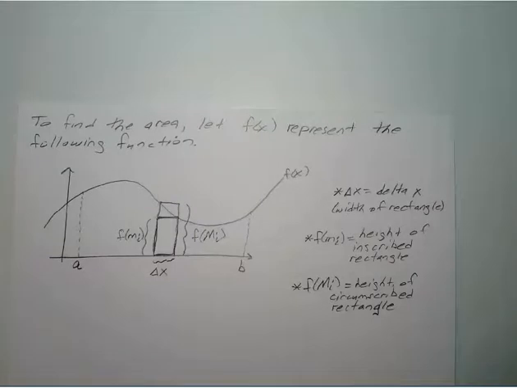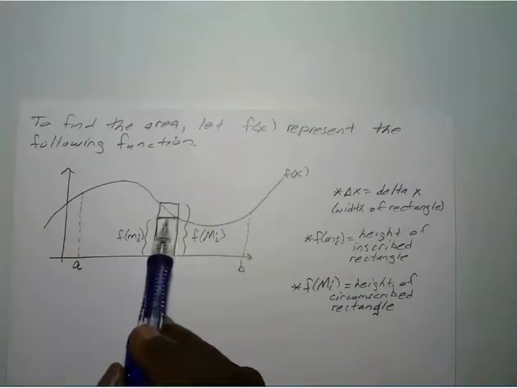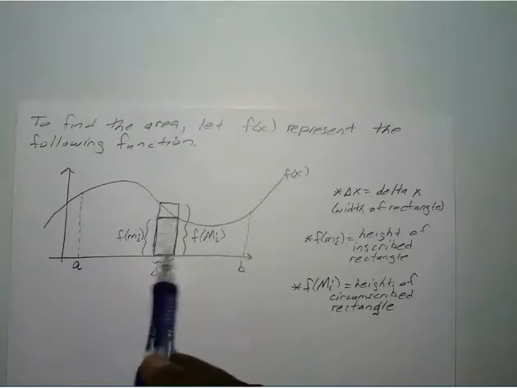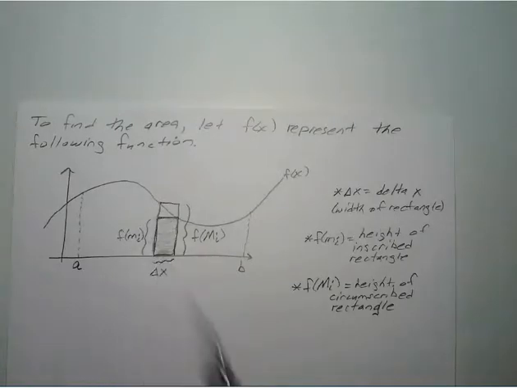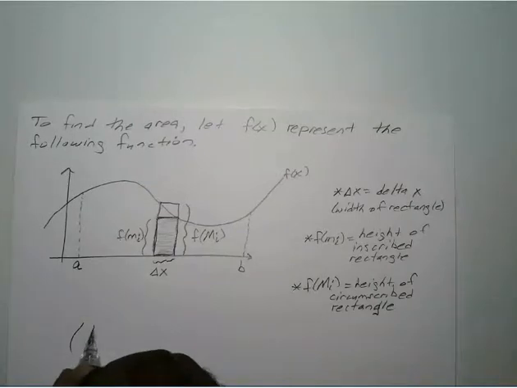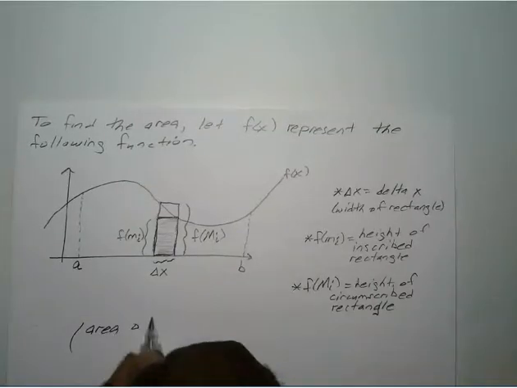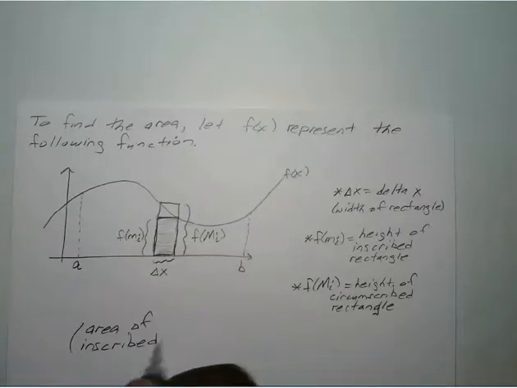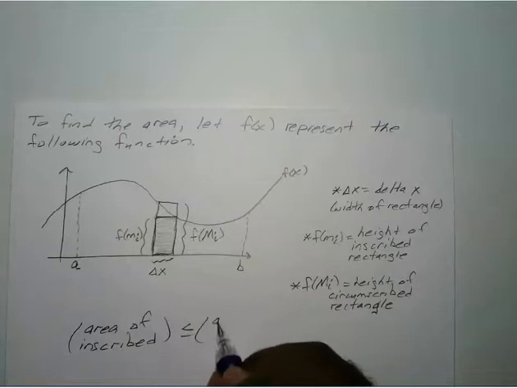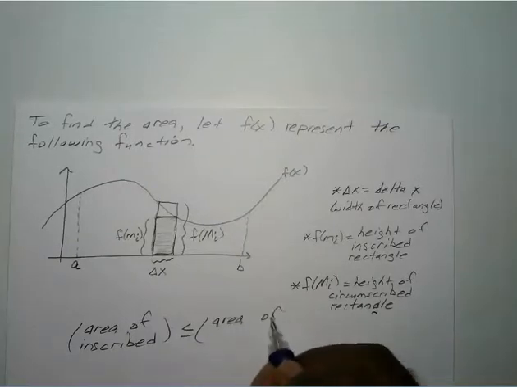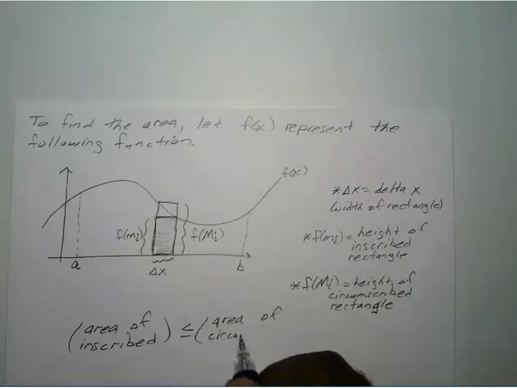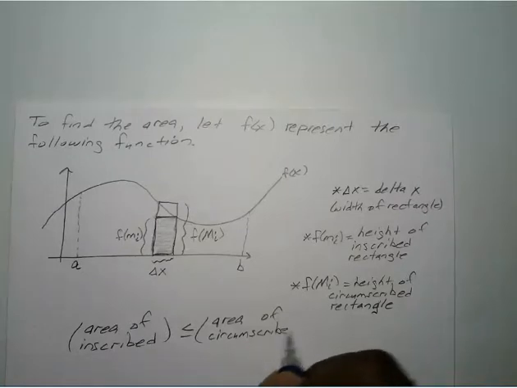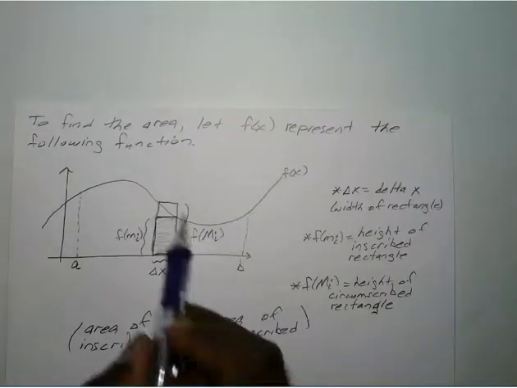Now, one thing we know for sure: the area of our inscribed rectangle, remember it's underneath, is less than or equal to the area of our circumscribed, because with the circumscribed we overshoot our estimate.